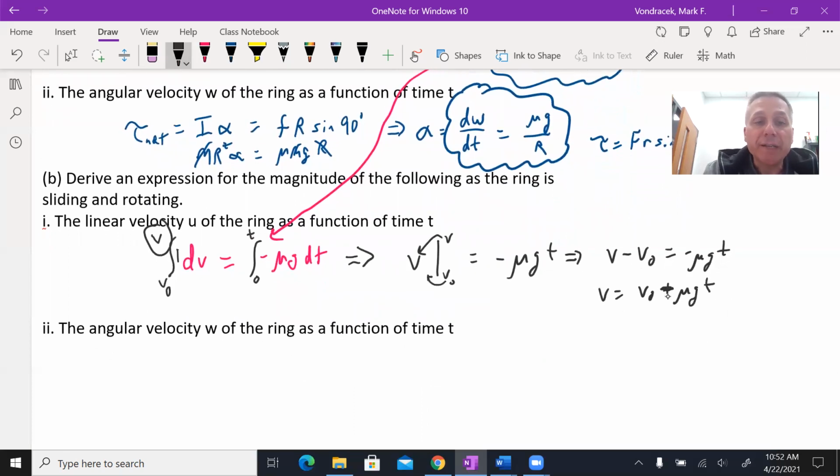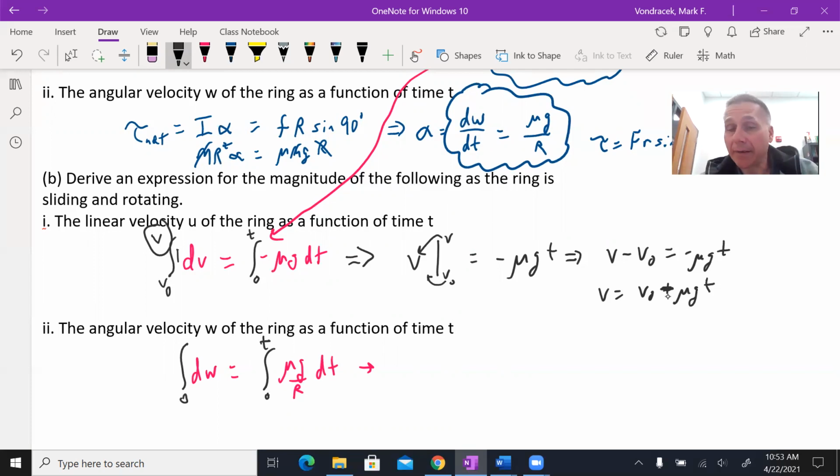Do pretty much the same thing with the angular velocity. Separate the variables, time up on the other side. Once we do that, we can integrate. Time will more or less always have the bounds from 0 to whatever. But now think about the angular velocity. Initially, it was 0.